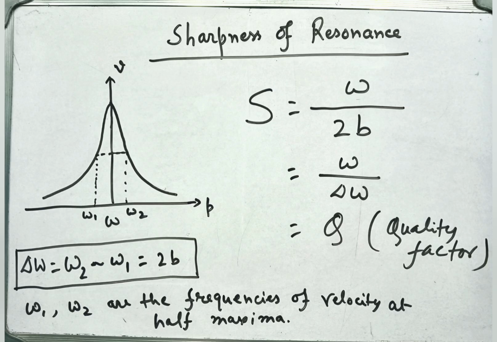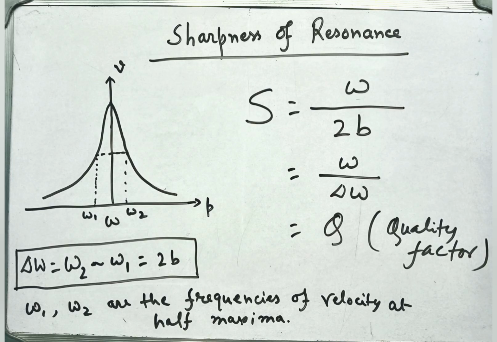Now we will discuss an important term, that is sharpness of resonance. Here I will not do any detailed calculation for this, rather we will try to understand it from this curve only. Here you can see I have indicated two frequencies, omega 1 and omega 2. These are the frequencies at which the velocity is half of the maximum. So this is called the frequencies of velocity at half maximum.